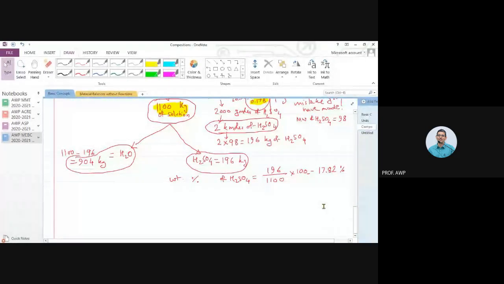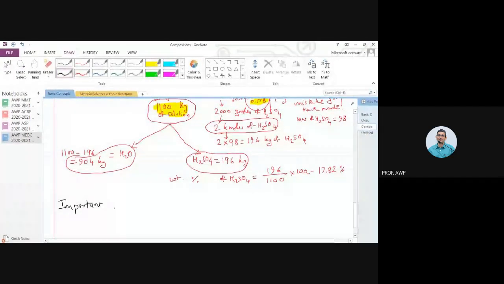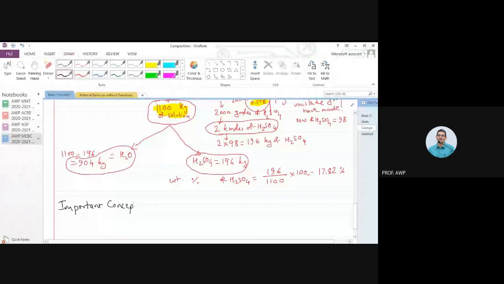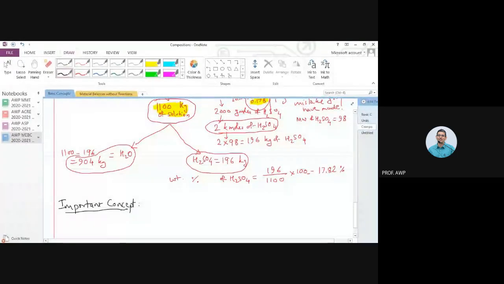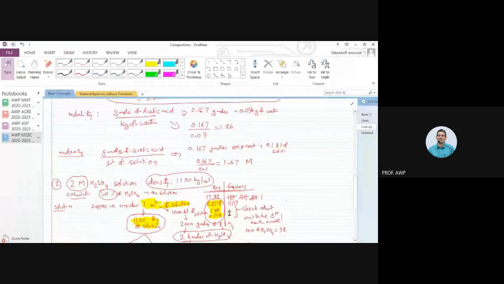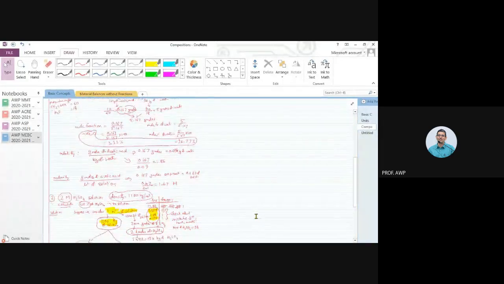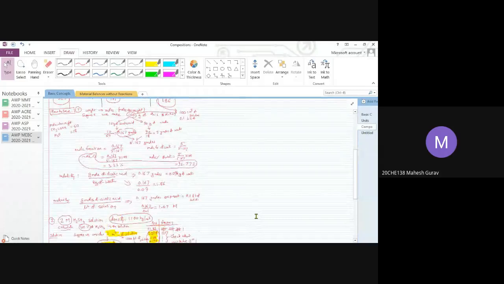Okay, so the important concept. Now can you tell me what is the common theme between these two problems? Density is given and you have to calculate volume and mass.